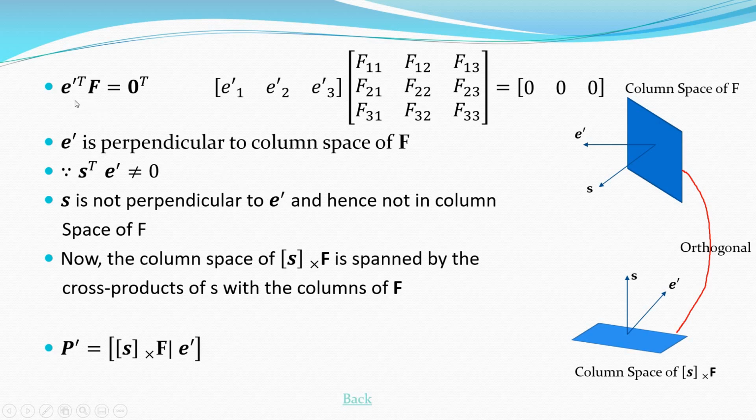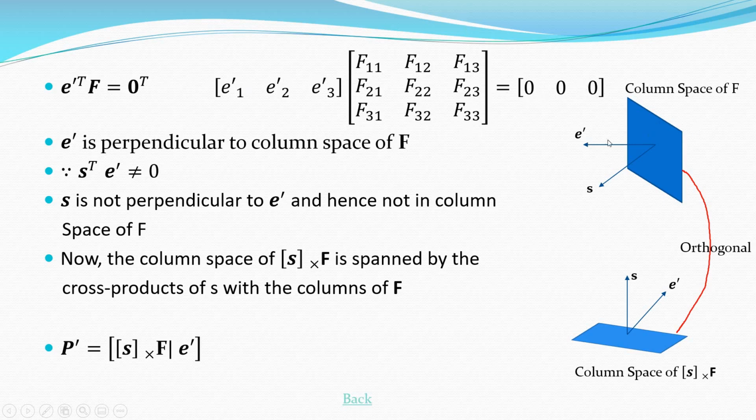Let us see that. We have E dash transpose F to be 0. We have seen why. So if E dash is a vector like this and F is this matrix, we can say that the dot product of this vector E with the column vectors of F is actually 0.